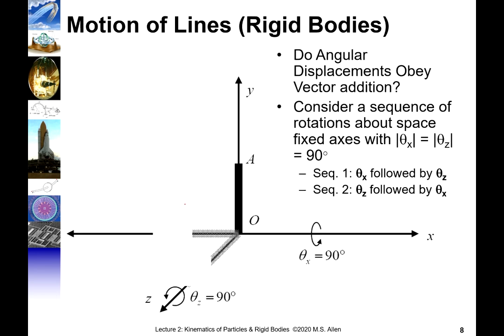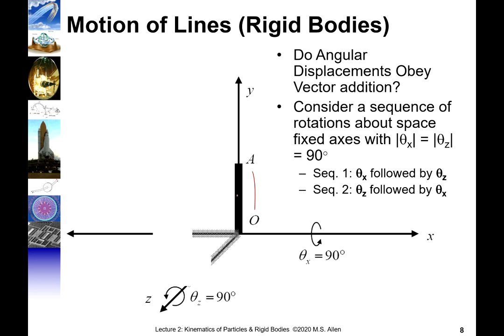Okay, so do angular displacements obey vector addition the way displacement and velocity do? Well, we can prove that they don't using this example. Say we have this line OA here, and we want to try to rotate it by 90 degrees in two sequences. One of them is a rotation about the x-axis of 90 degrees, followed by rotation about the z-axis.